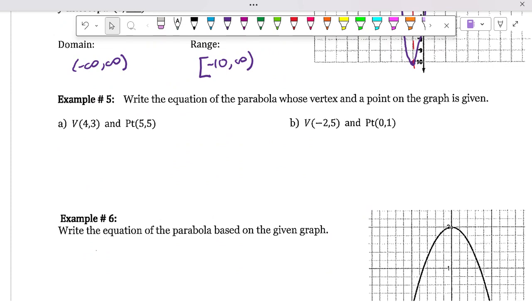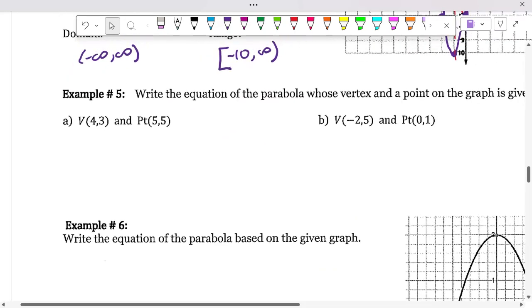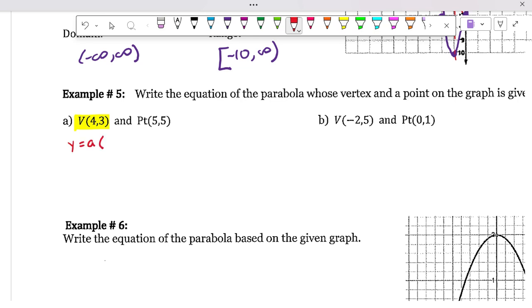All right. So let's look at letter A. They gave me my vertex as 4, 3. Now, they did not tell us what the A value is. So for right now, we're going to start with y equals A. Someone raise their hand and finish the rest.